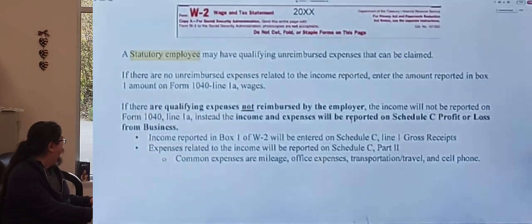So this is statutory employee. That box will be checked. If you have qualifying unreimbursed expenses, then the income and expenses are reported on Schedule C, profit or loss from business.